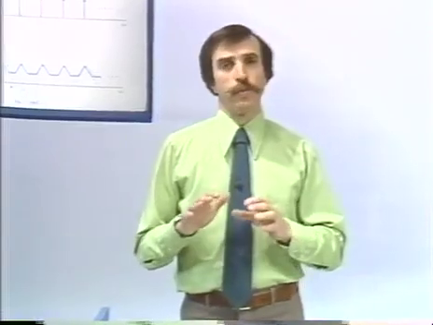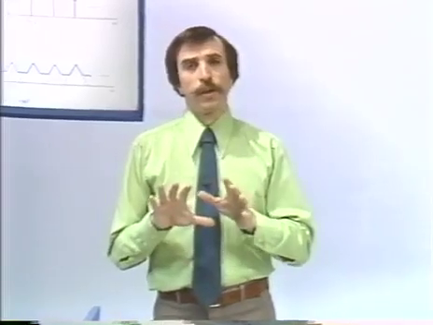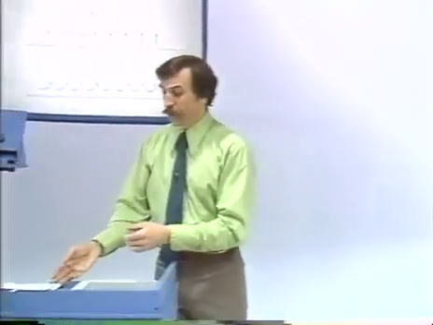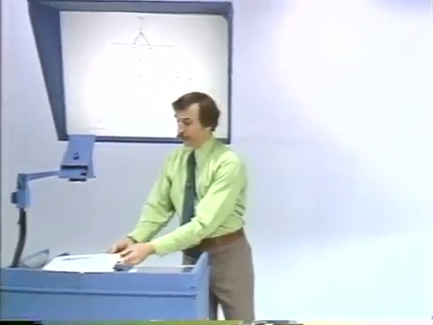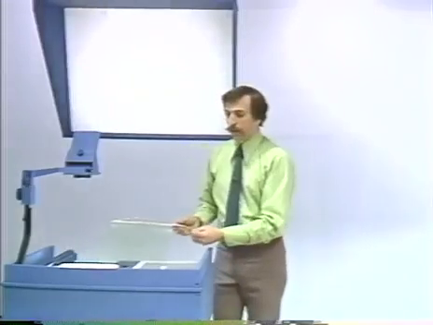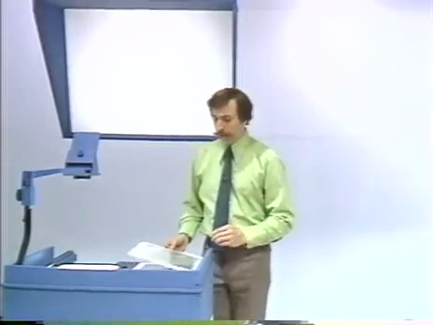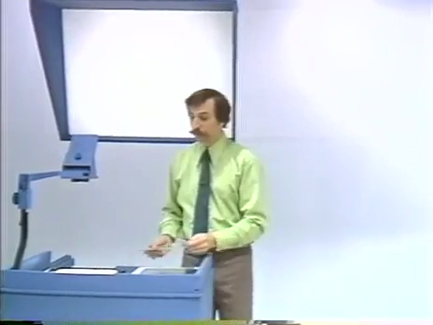And in order to both understand that term better and to understand the effect better, it's useful to examine this a little more closely for the specific example of a sinusoidal signal. So let's concentrate on that. What we want to look at is the effect of aliasing when our input signal is a sinusoidal signal.